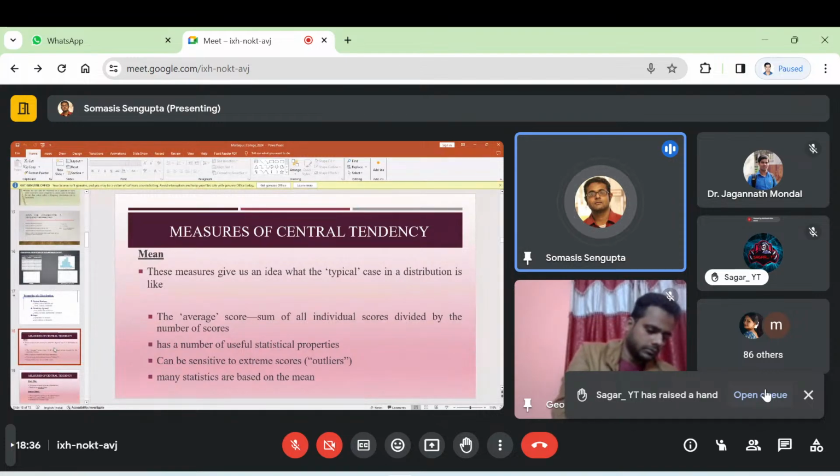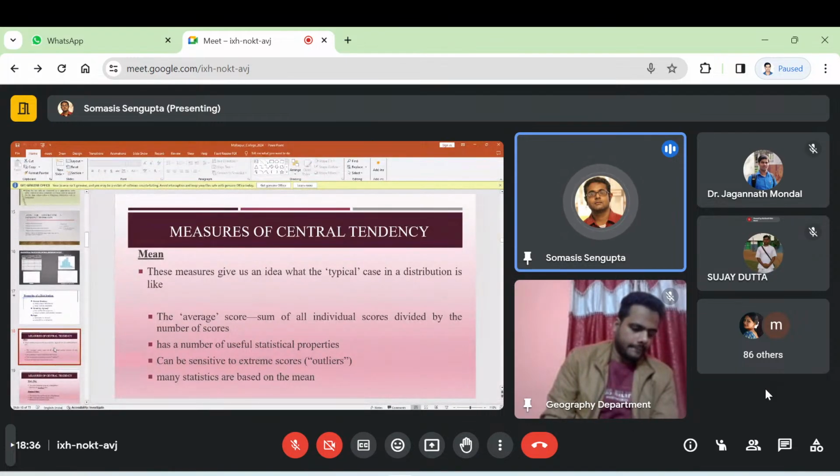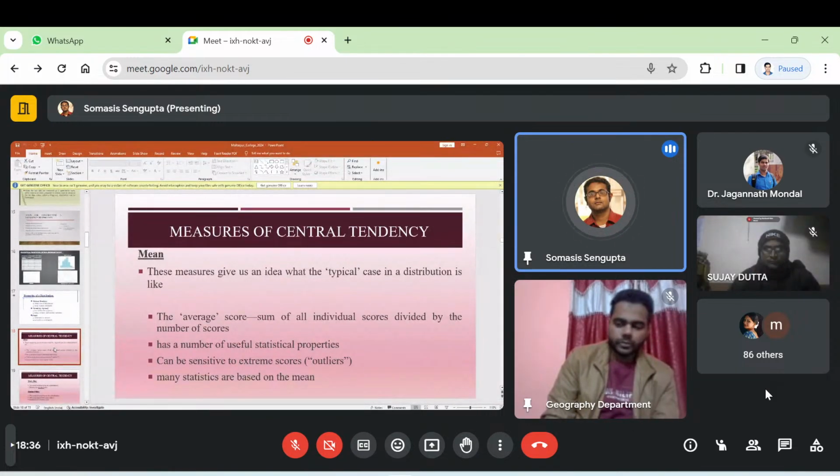For example, I have five values. Let us assume the values are 5 meter, 10 meter, 7 meter, 8 meter, and another one is 100 meter. If I try to carry out the mean, I will get somewhere around 20 or 30.